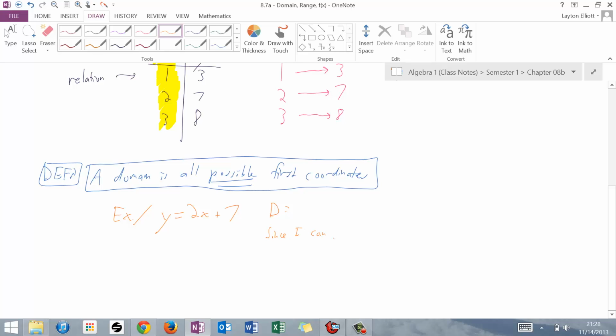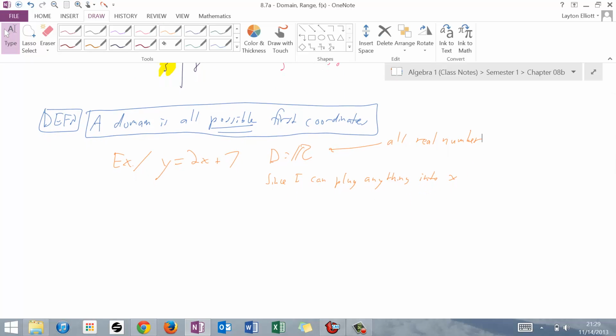Since I can plug anything into x, my domain would be all real numbers. And we're going to write and express that as all real numbers. So it could be anything. I could actually plug in anything, and you should say to yourself, that makes sense, because I could take any number, multiply it by 2, and then add 7. There is no number I could not do that to. No number that's on the real number line. And that's what we're talking about.